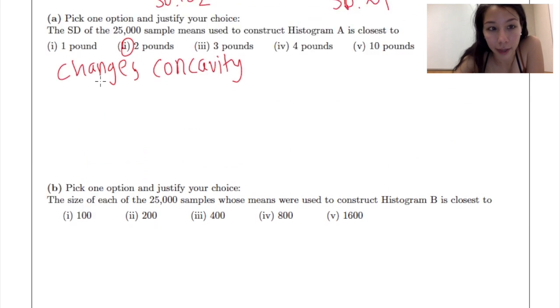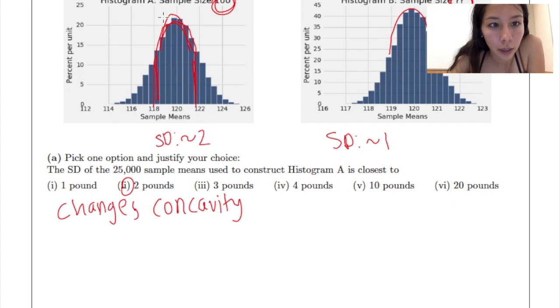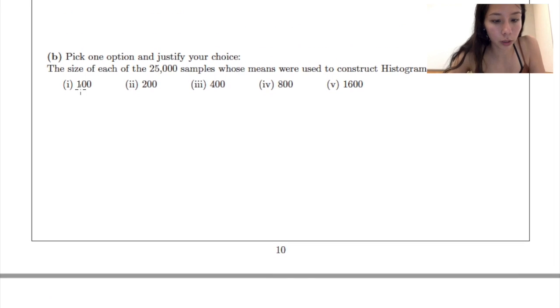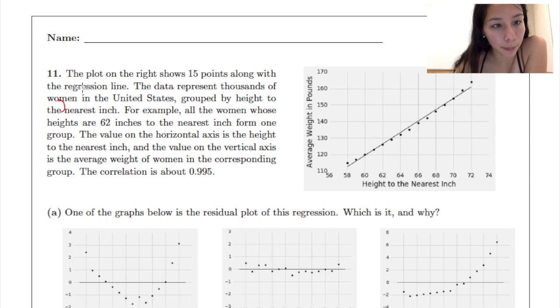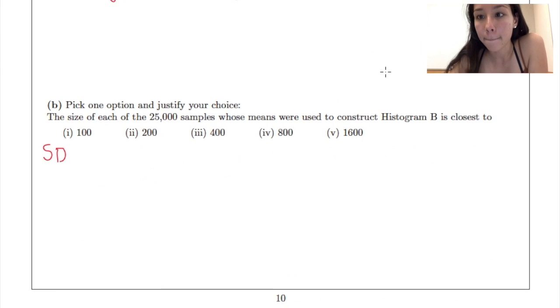So we know the standard deviation of the sample mean, and we can use that formula from the central limit theorem to solve for the population SD, which we can then use to solve for the sample size for the next histogram. So that sounds really confusing, but let's just go ahead and start doing it.